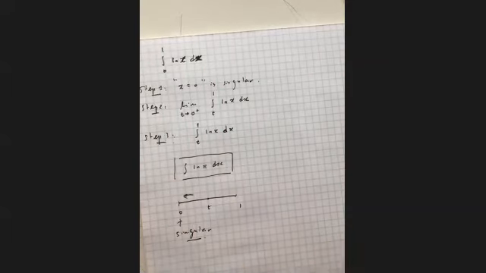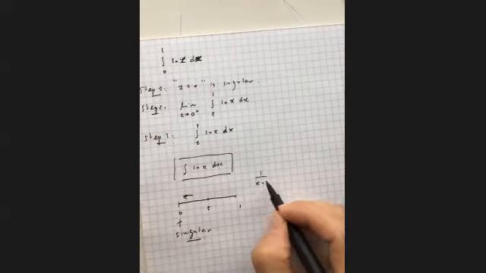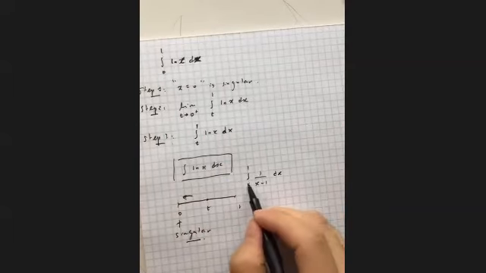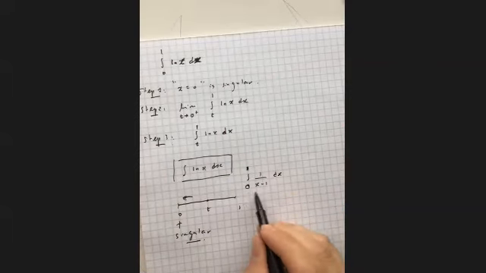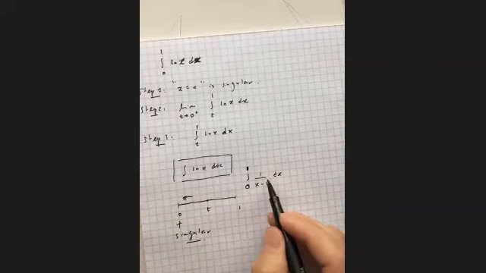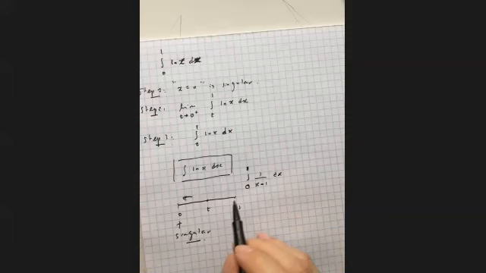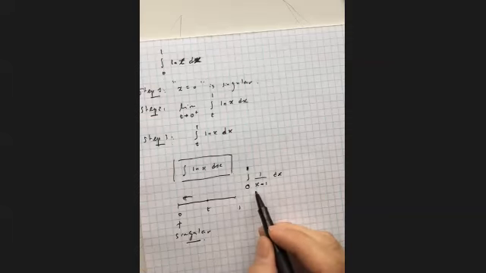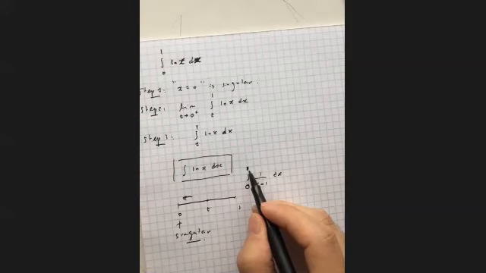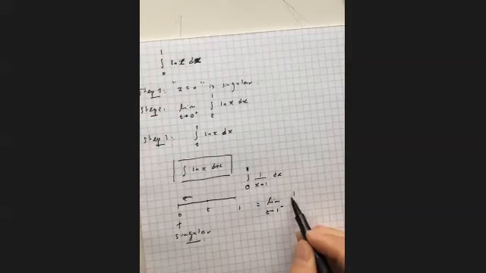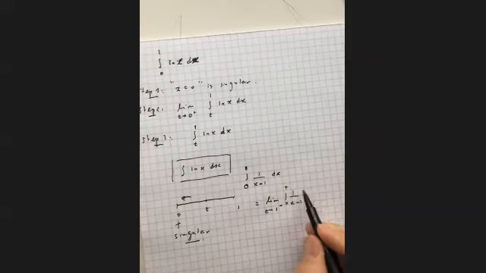Suppose I change the question. Suppose this is the integral from 0 to 1 of 1 over x minus 1 dx. The singular point now is no longer 0, because when x equals 0, this makes sense. But when x equals 1, it is a singular point. So the definition will be the limit when t goes to 1 from the minus side of the integral from 0 to t of 1 over x minus 1 dx.